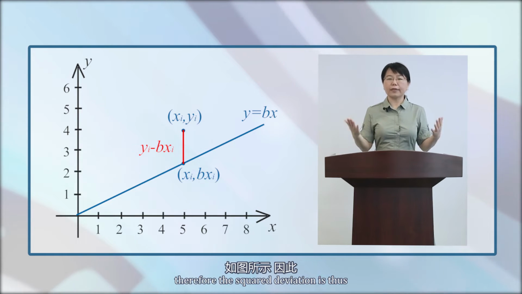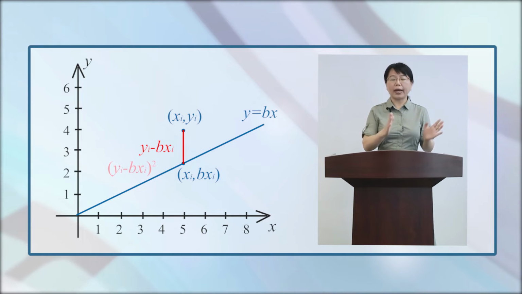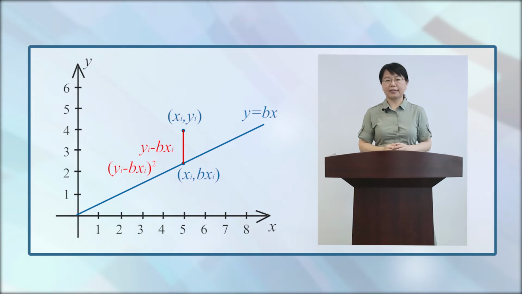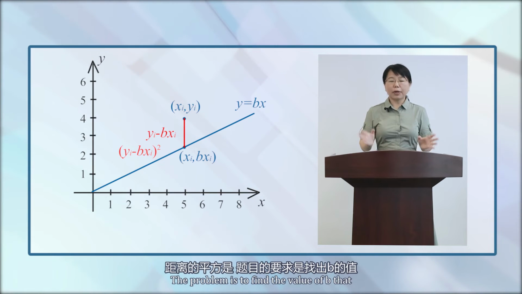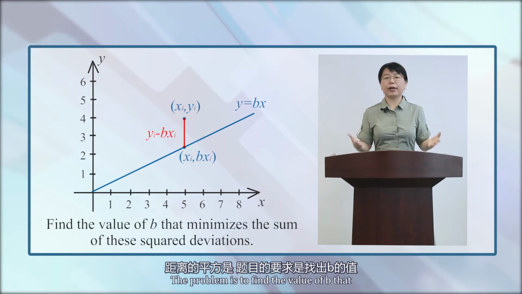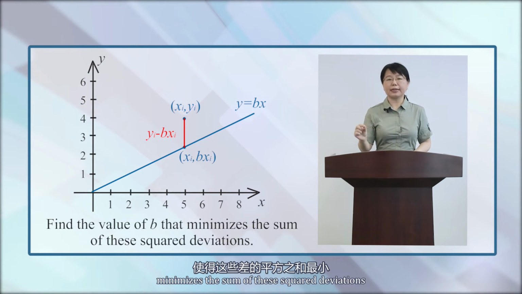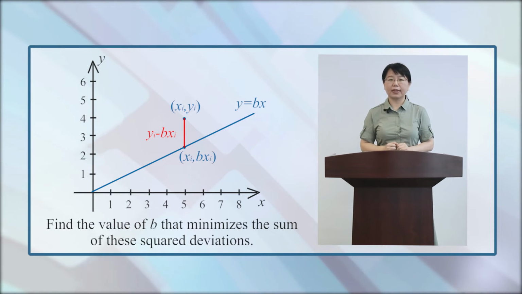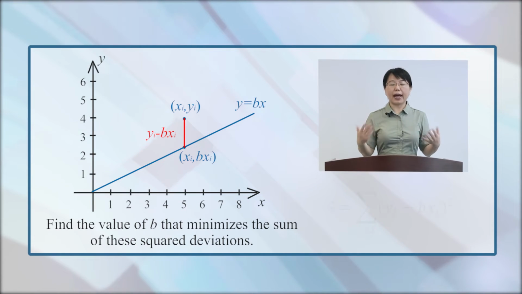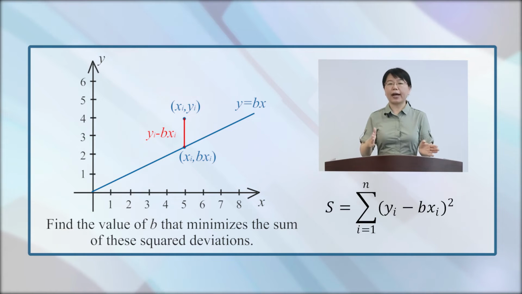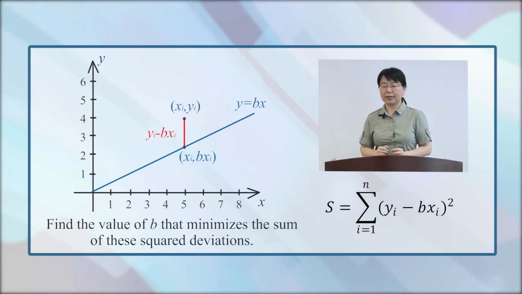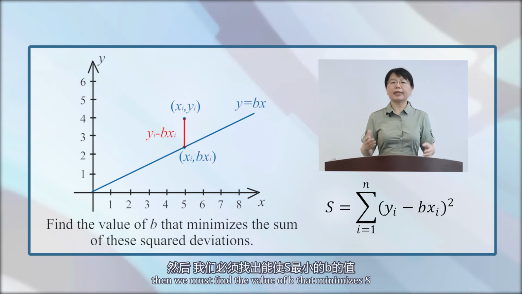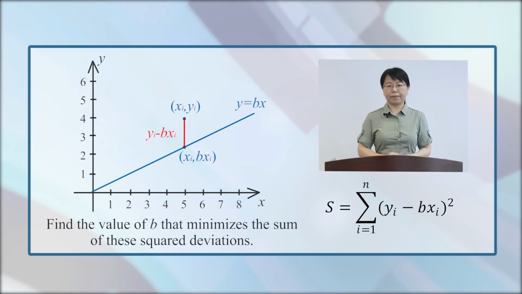Therefore, the squared deviation is (yi minus bxi) squared. The problem is to find the value of b that minimizes the sum of these squared deviations. If we define S as the sum of (yi minus bxi) squared, then we must find the value of b that minimizes S.